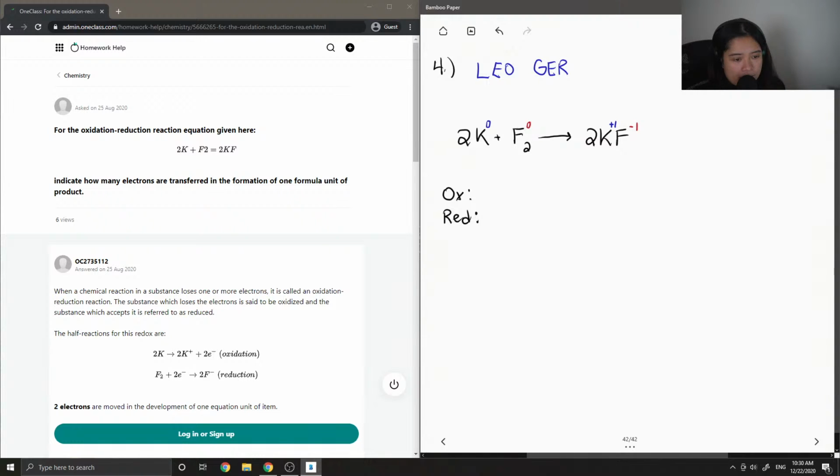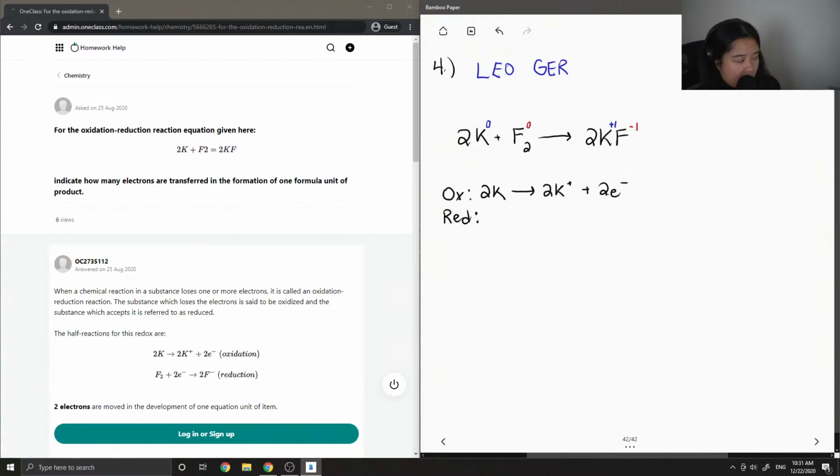Okay, so now let's write out the oxidation reaction, which was 2K makes 2K plus plus 2 electrons.